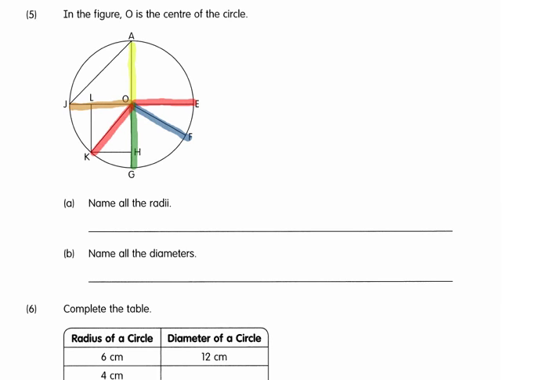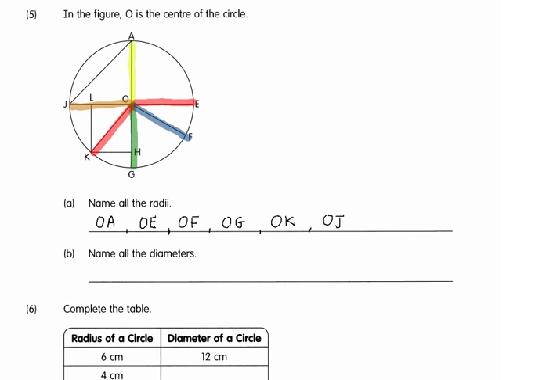And how to name it? For consistency, start from OA, then comma, OE, OF, OG, OK, and OJ.